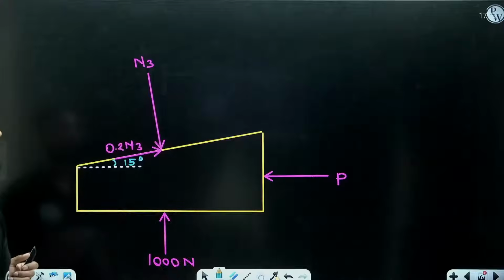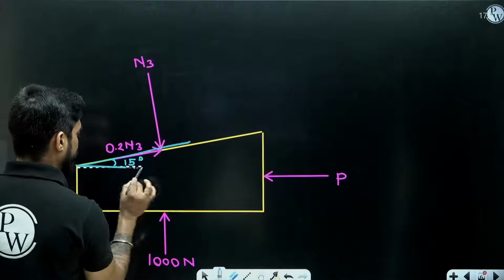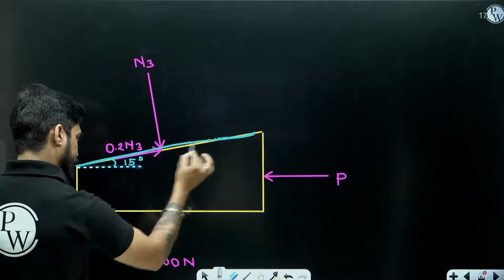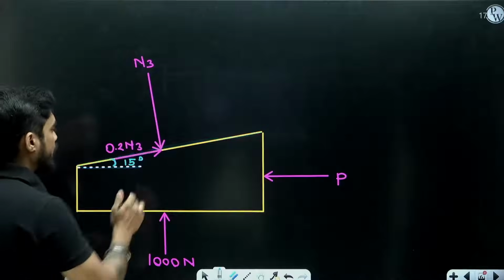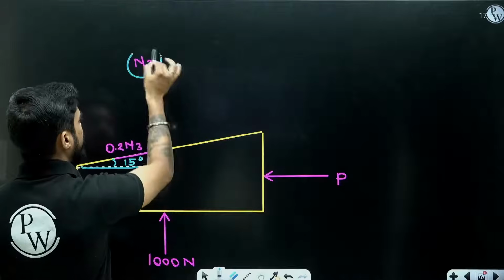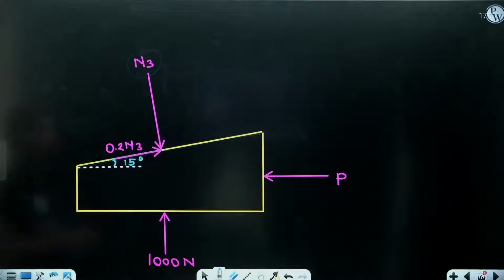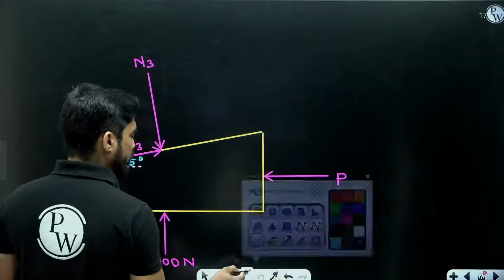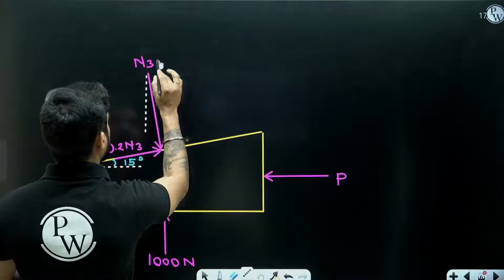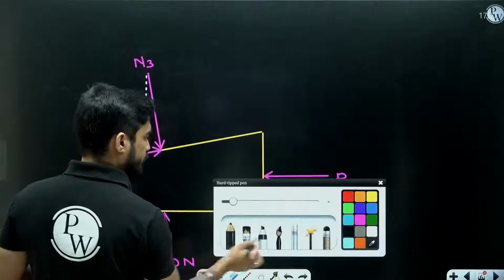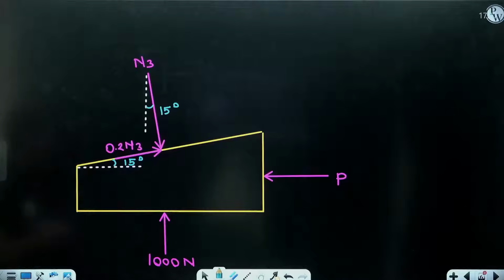Now if this inclined surface is making 15 degree with horizontal, then the normal to the surface, N3 is the normal to the surface, right? So the normal to the surface will make 15 degree with vertical. So this angle will be 15 degree. Okay.